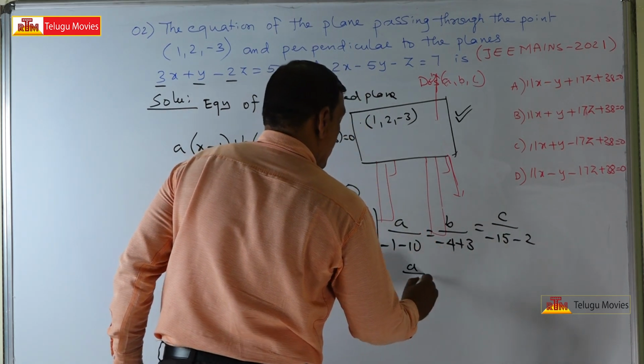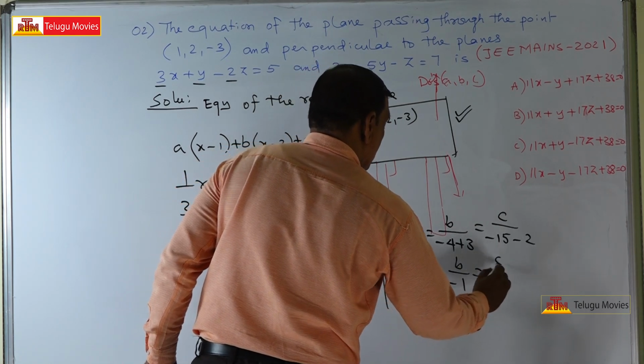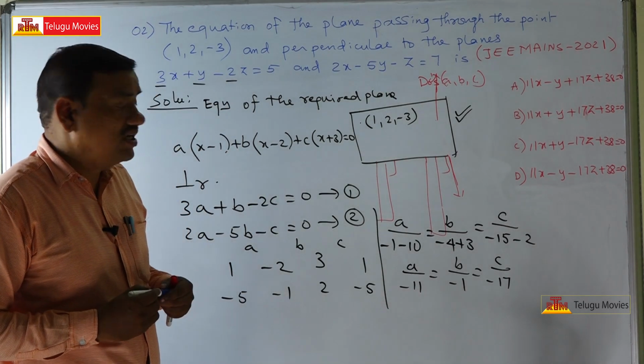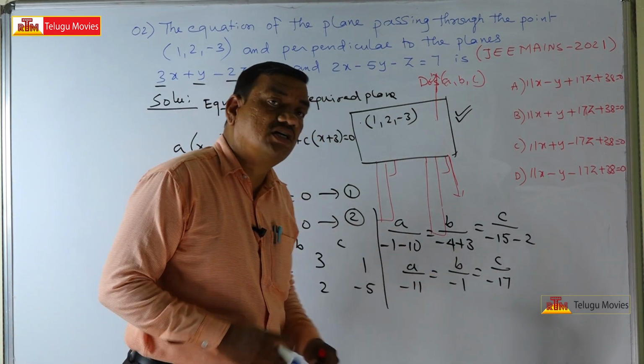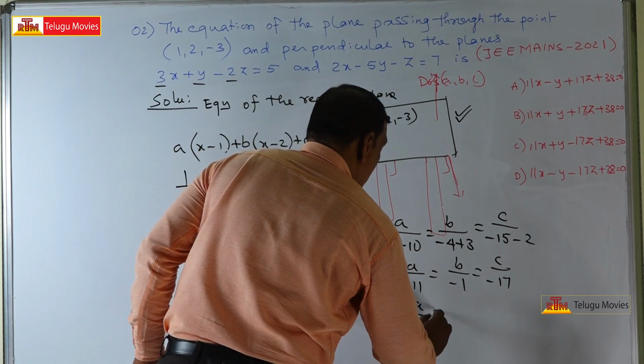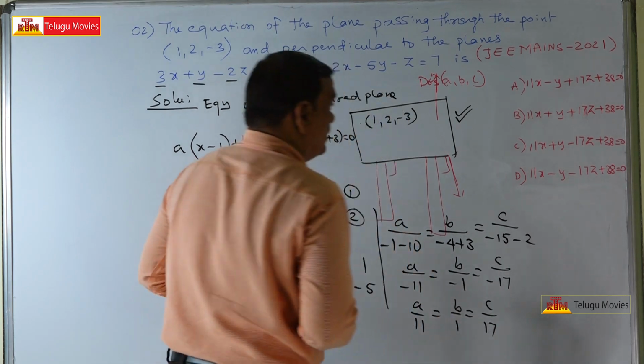So this is a by minus 11, b by minus 1, c by minus 17. Since a, b, c are the drs, this is one set of drs. You can multiply with minus 1 also: a by 11 is equal to b by 1 is equal to c by 17.